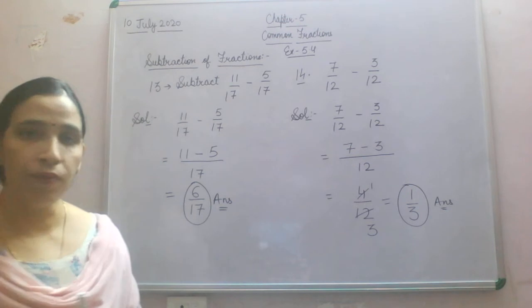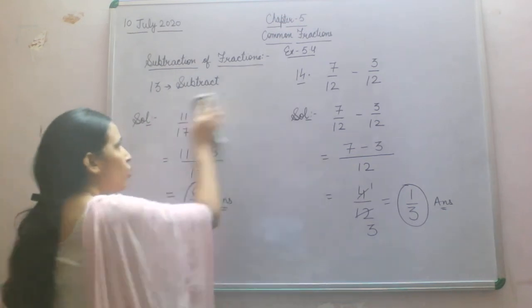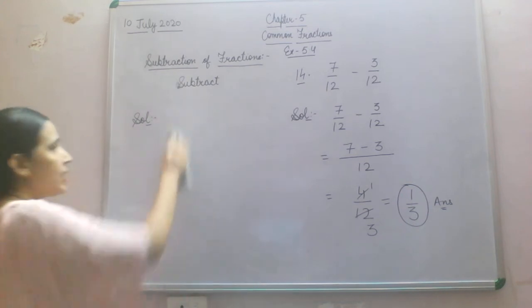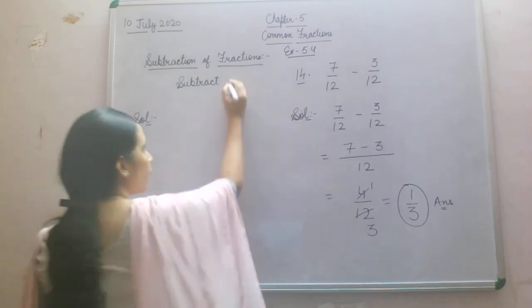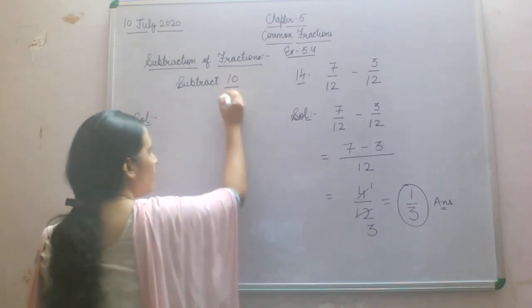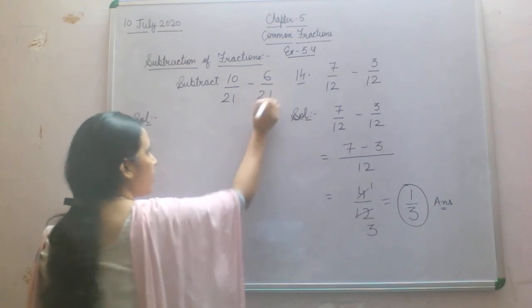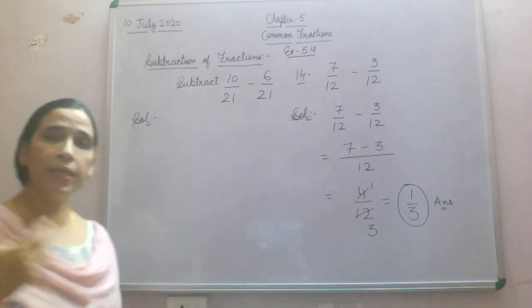See children, if you are given some bigger numbers also, then you are supposed to do it in the same way only. If you are given 10 by 21 minus 6 by 21, you can take any example.